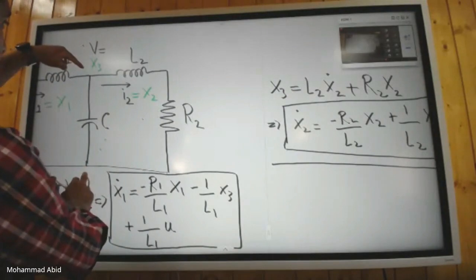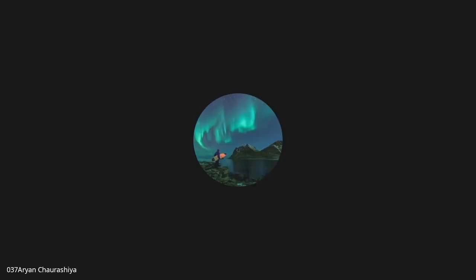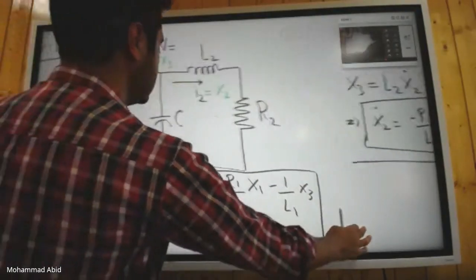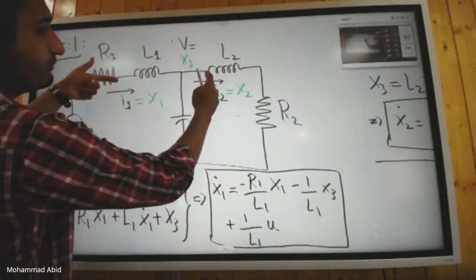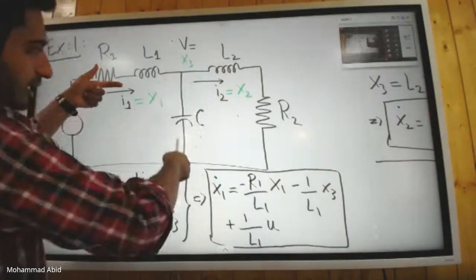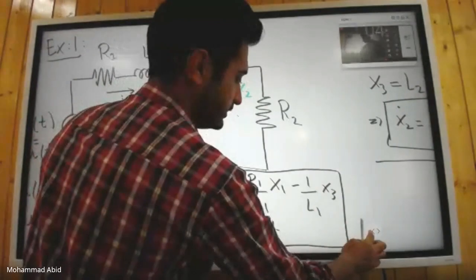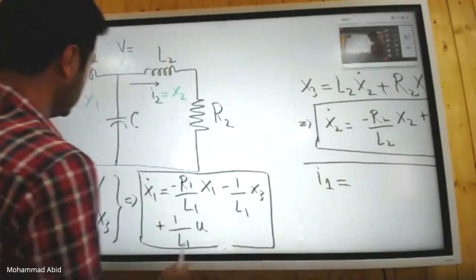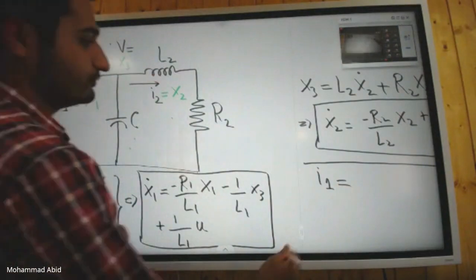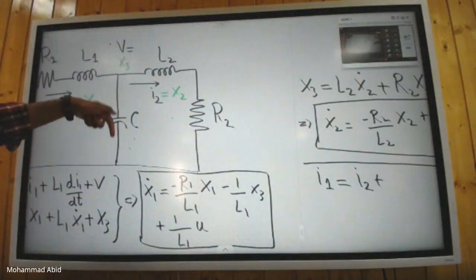What is the current through this capacitor? I1 minus I2. Yes, that's I1 minus I2. Or simply you can say this incoming current I1 that's being injected is the sum of the current going through this branch, I2, and the current that's going down through the capacitor.